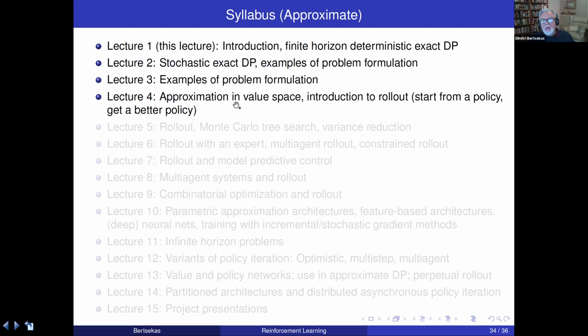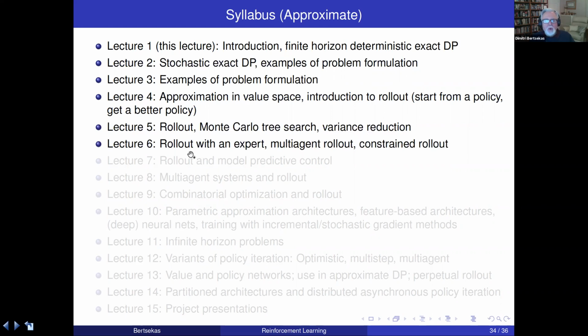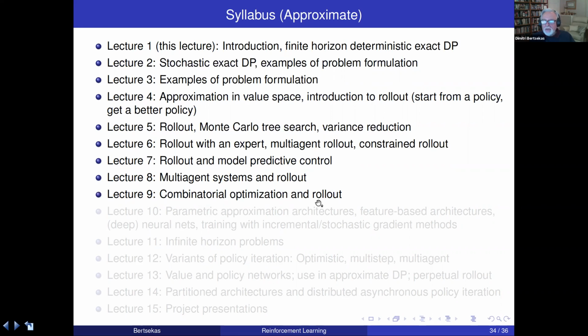This is like the online play type of algorithm that is used in AlphaZero. We are going to give several different versions of that: deterministic problems, stochastic problems, and various contexts, including multi-agent systems, model predictive control, and combinatorial optimization.